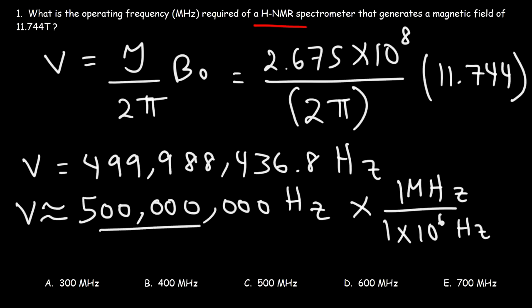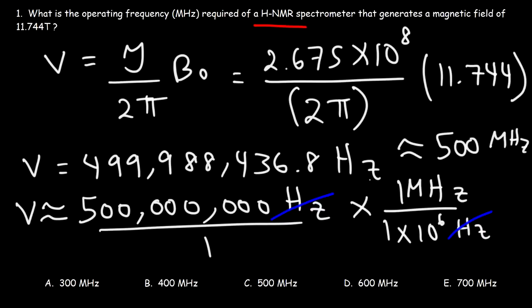So you want to set this up in such a way that these units will cancel. So 500 million divided by 1 times 10 to the 6, or 1 million, is 500. So the frequency is approximately 500 megahertz. So therefore C is the right answer.